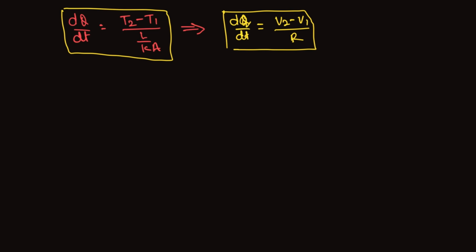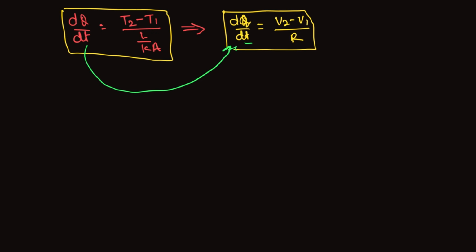If I compare them, this dQ/dt is the rate of charge flow, and this dQ/dt is the rate of heat flow. This one is the difference of voltage potential. This one is the difference of temperature.